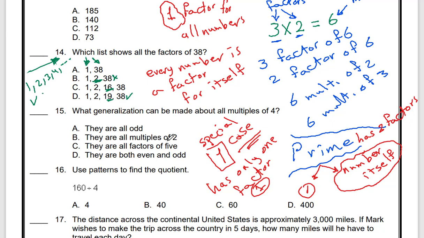We have 2 as a factor because 2 times 19 is 38. You will not find any more factors. So these are all factors: 1 with 38 and 2 with 19.